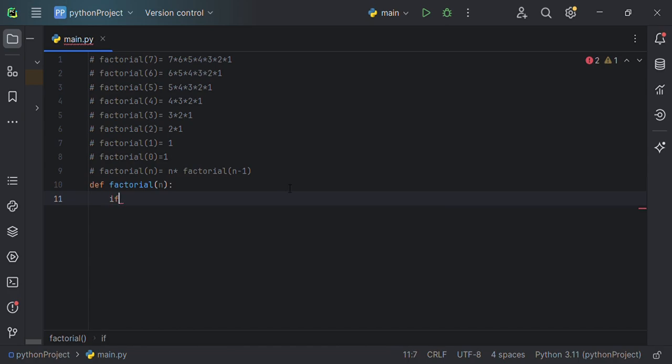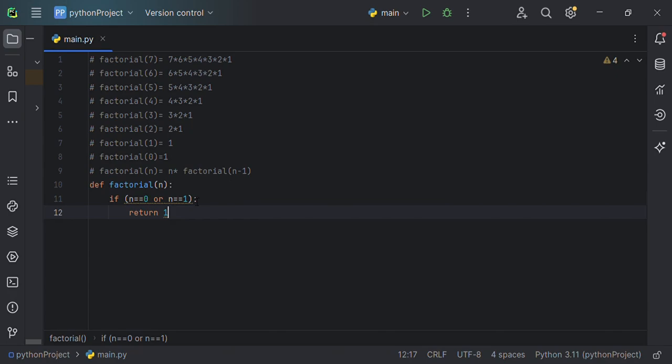If n is equal to 0 or n is equal to 1, return 1.